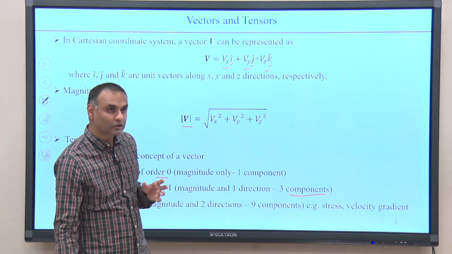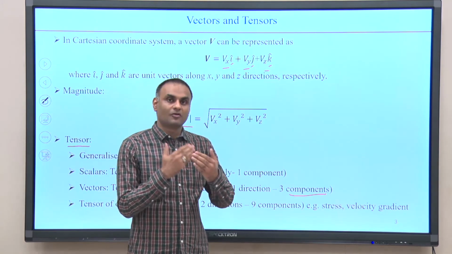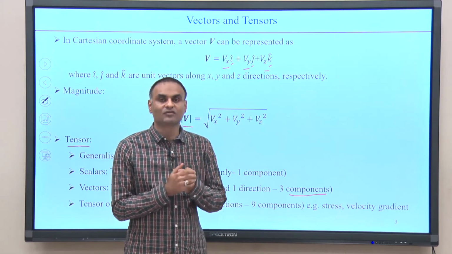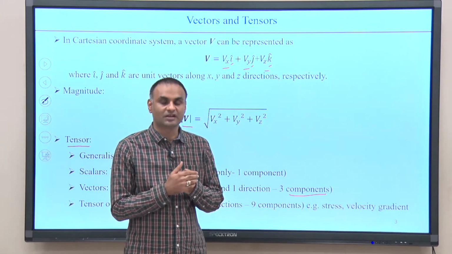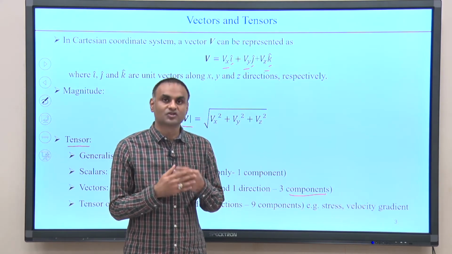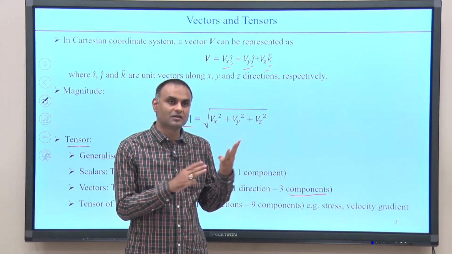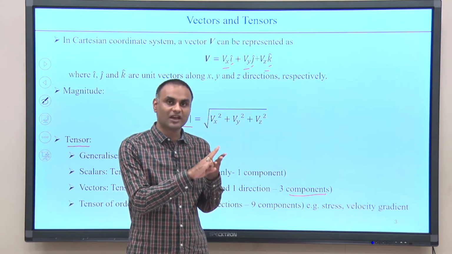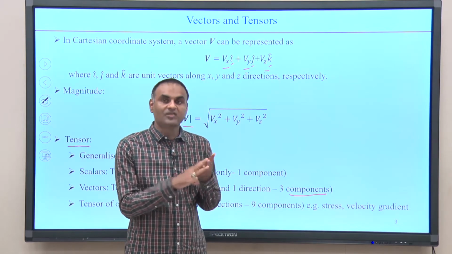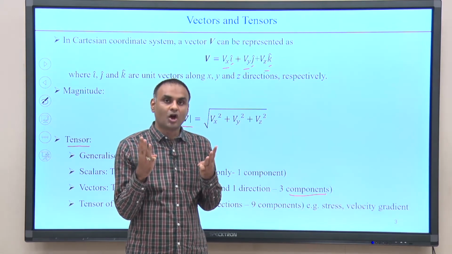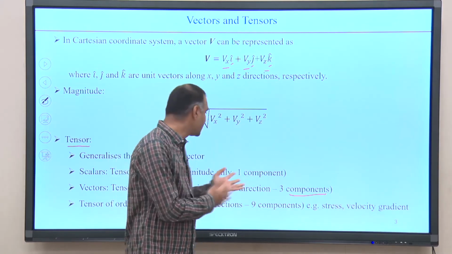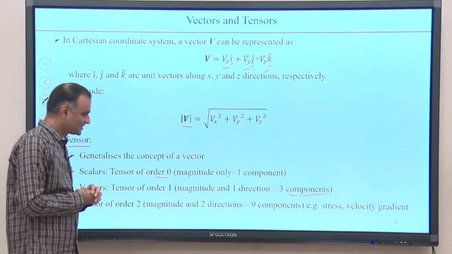For example, when we talk about stress, we are talking about the direction normal to the surface on which the force is acting, and the direction of the force itself. So, we can have three components of the area vector, and three components of the force. So, we will have 3 multiplied by 3, 9 components of a stress.